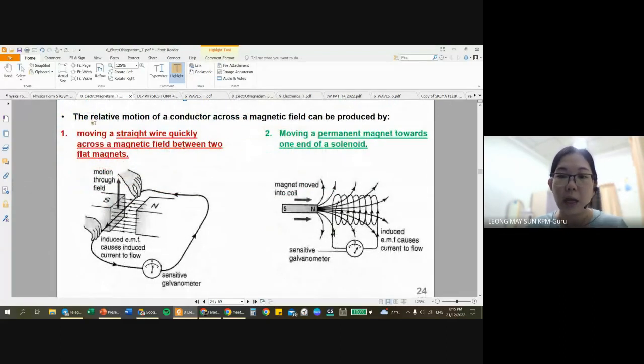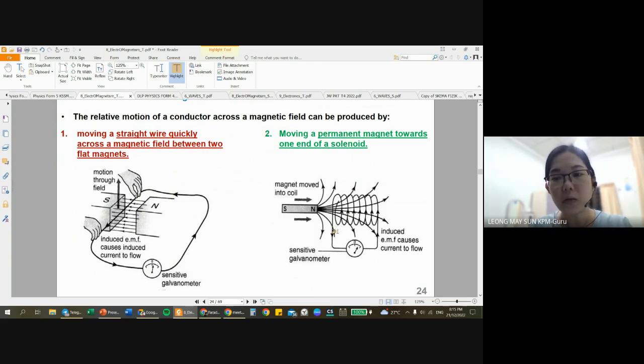The relative motion of the conductor across a magnetic field can be produced using two methods. Number one, as you can see over here, check the circuit. This is a wire connected to a galvanometer. In a short while, I'll explain the galvanometer. After that, there is a permanent magnet. There's no power supply, so this is obviously a magnetic field inducing current.